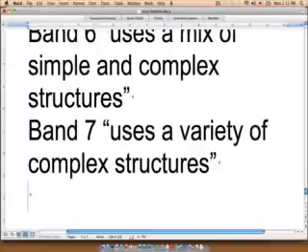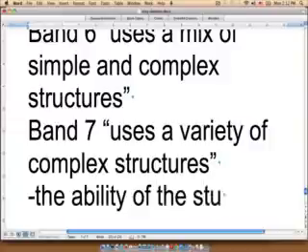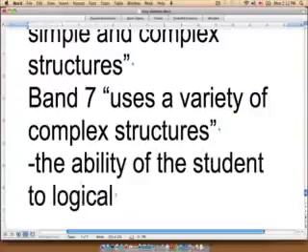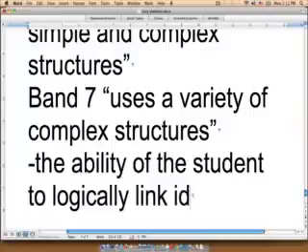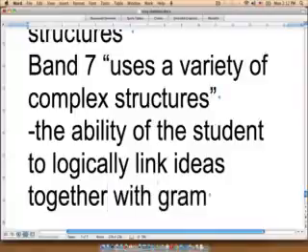So let me give you a quick definition: it's talking about the ability of the student to logically link ideas together with grammatical accuracy.